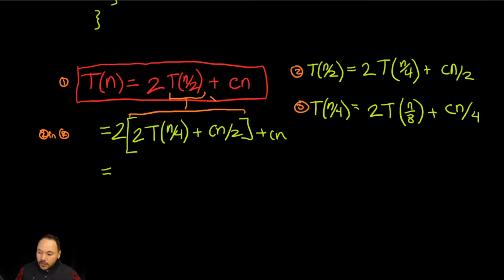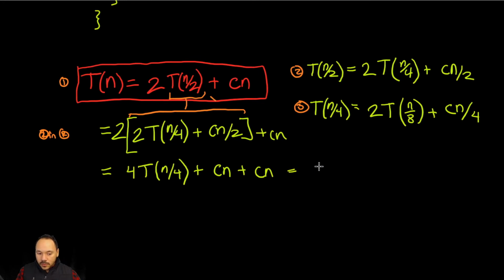Let's use the same color that we have here, and then this will become 4. We have Tn by 4, then we have 2. It gets cancelled out because it's divided by 2. So we have Cn plus Cn.